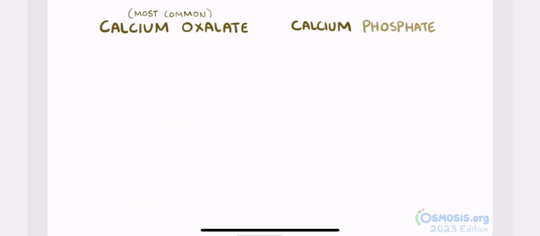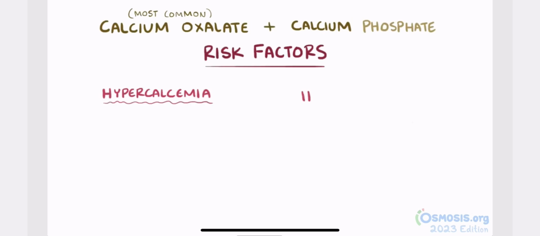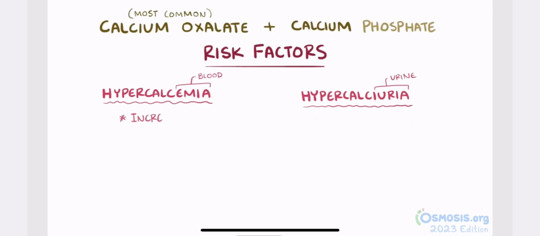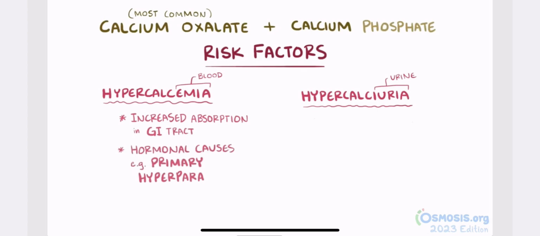The exact reason why these stones form is usually unknown, but there are some known risk factors like hypercalcemia and hypercalciuria, having too much calcium in the blood and urine, respectively. Hypercalcemia can result from increased calcium absorption in the gastrointestinal tract, as well as hormonal causes like primary hyperparathyroidism.